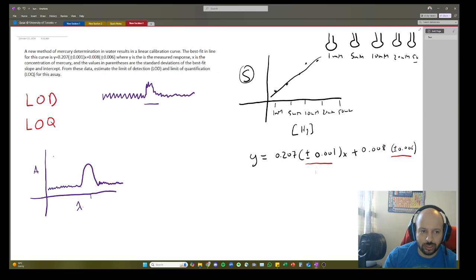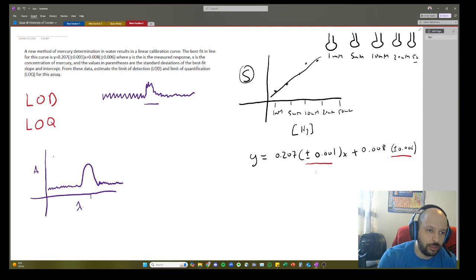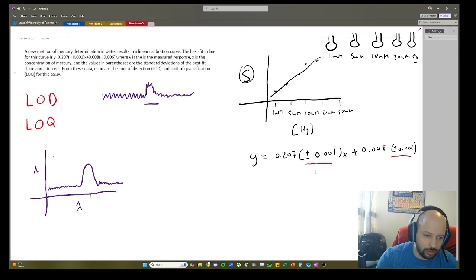minimum concentration of your analyte in which you could say that you can actually detect your analyte. What do I mean by this? In this absorbance spectrum, I could always extrapolate this baseline like this.